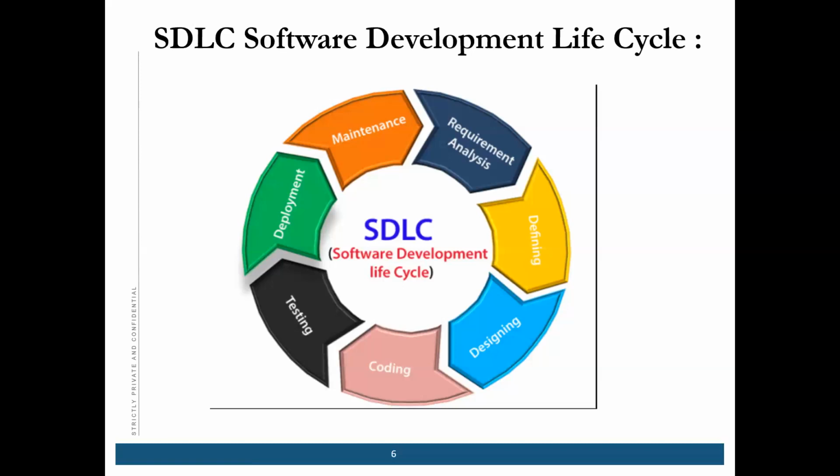Now the project is in our hands, so we start our software development life cycle. How do we develop that software which the BA has taken for our company? Now our job is how to analyze that requirement. So who will give you the requirement analysis?